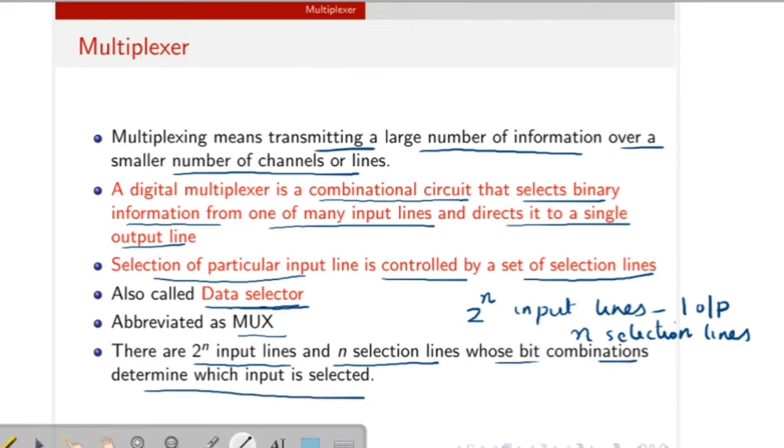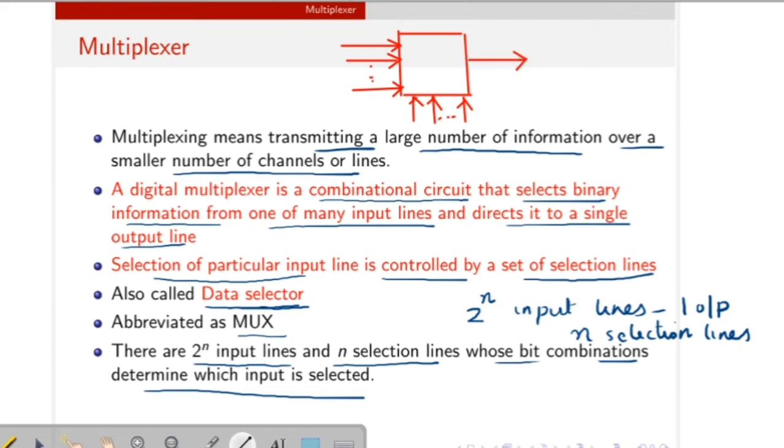Clear? Next we can draw the block diagram for this multiplexer. Okay, so this is a multiplexer with how many inputs? 2 raised to n inputs. Then how many selection lines? n selection lines. Then 1 output.